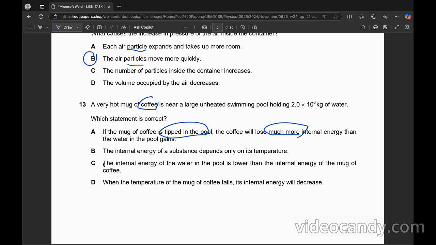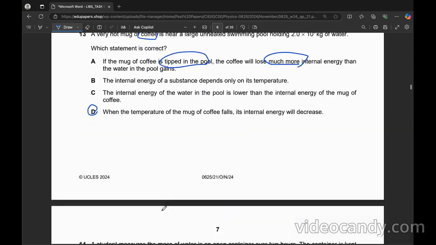So this could not be true as well. And number D, when the temperature of the mug of coffee falls, its internal energy will decrease. Now this is the most logical statement, because when the temperature decreases, then the kinetic energy will definitely decrease. Then the internal energy will decrease as well.